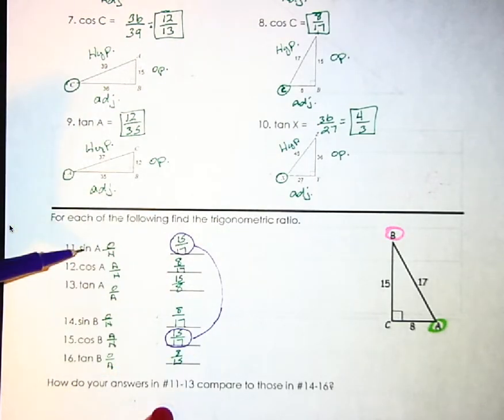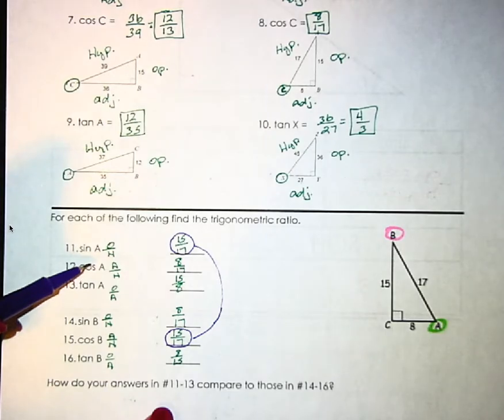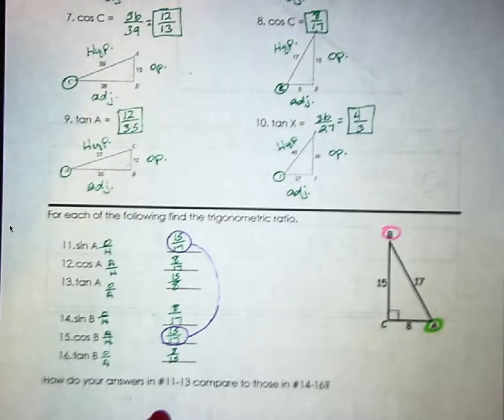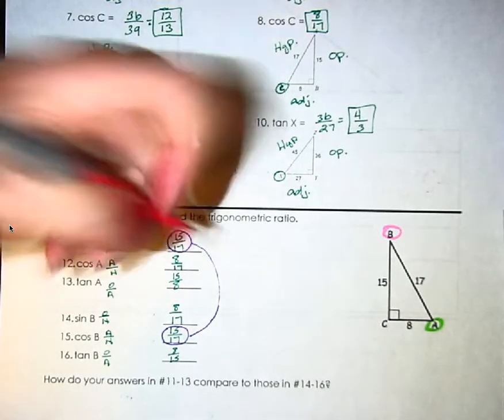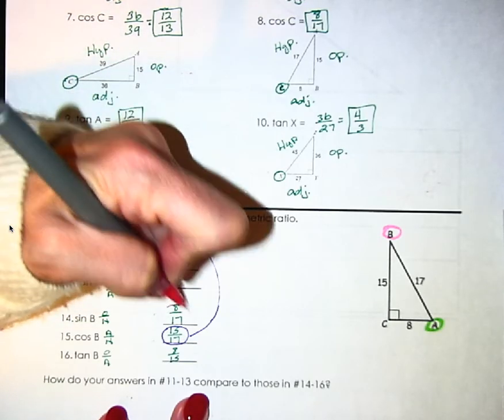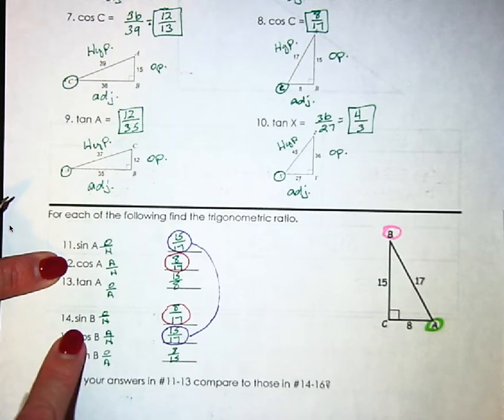The cosine of B is the same thing as the sine of A. And then you should also note that 8 over 17 appears again down here. And the cosine of A is actually the sine of B.